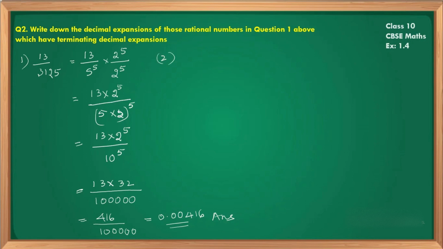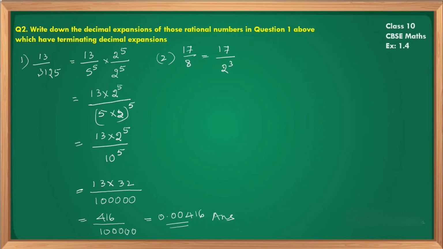In question number 1, we had solved 10. Out of that, 17 by 8 also was terminating. Now this can be written as 17 divided by 2 cube.